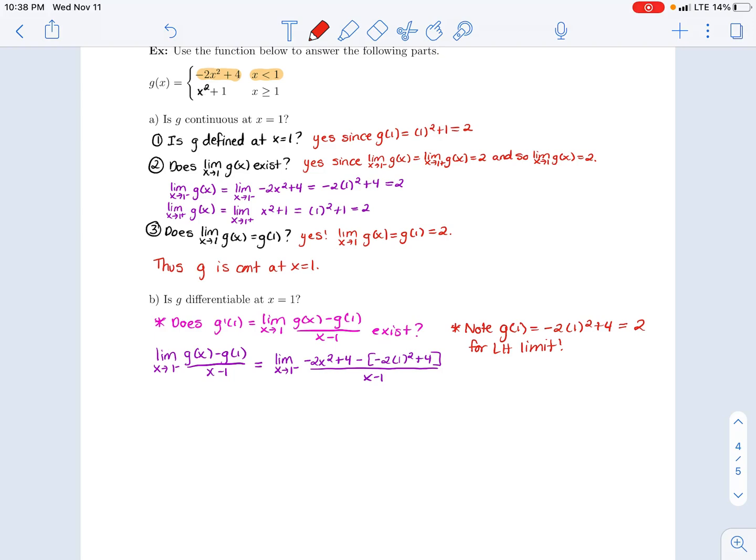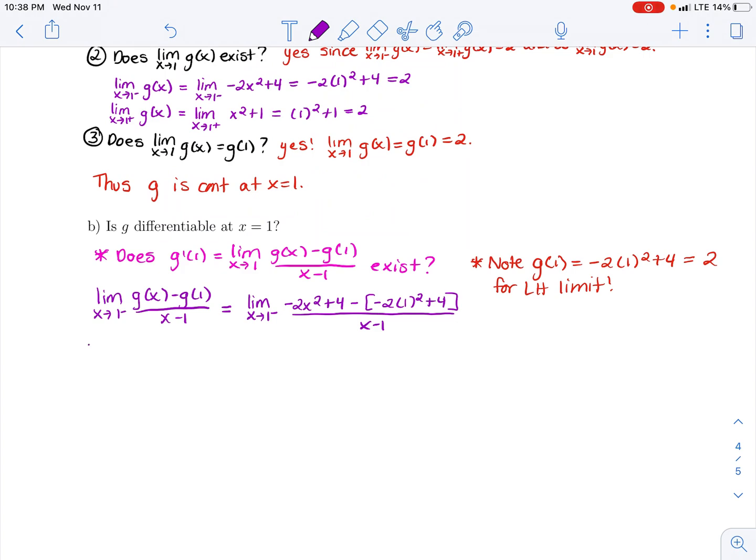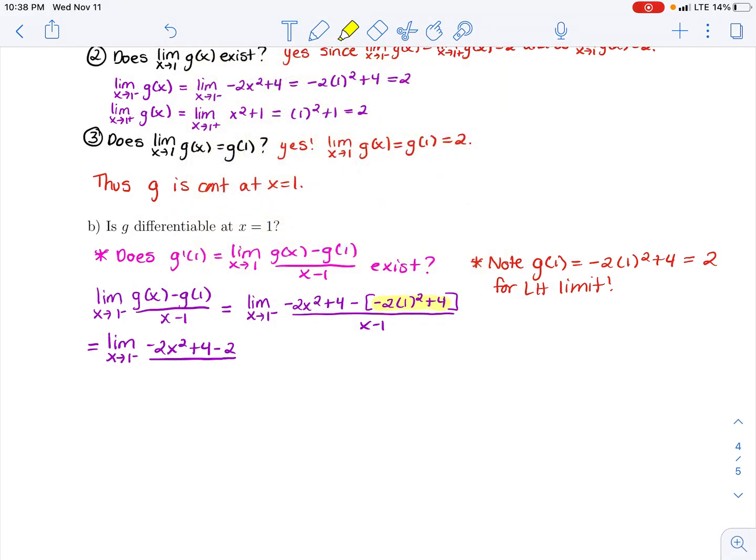So what I get is that this is equal to the limit as x approaches 1 from the left of negative 2x squared plus 4 minus 2, so I'm just simplifying what's inside of those parentheses, all over x minus 1.